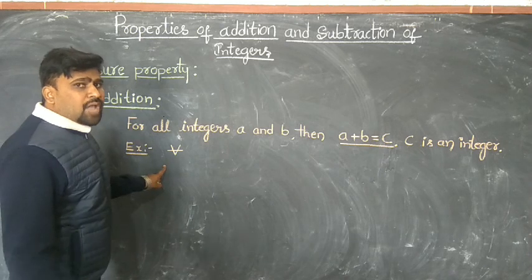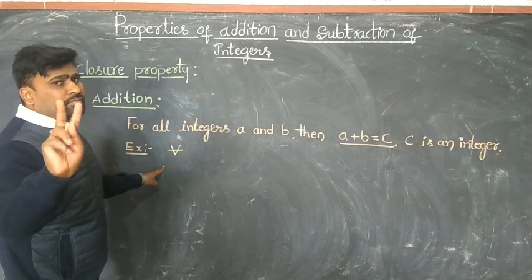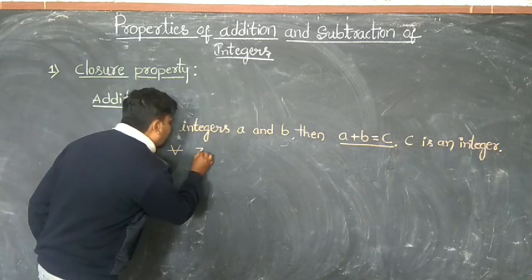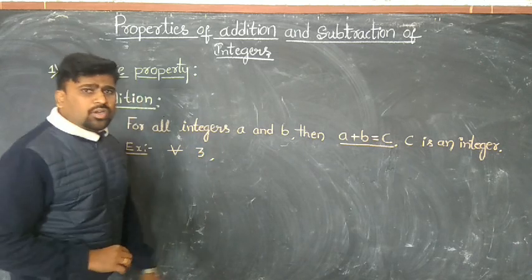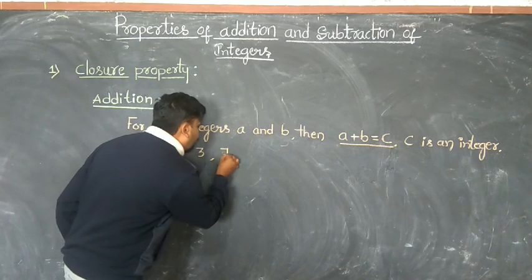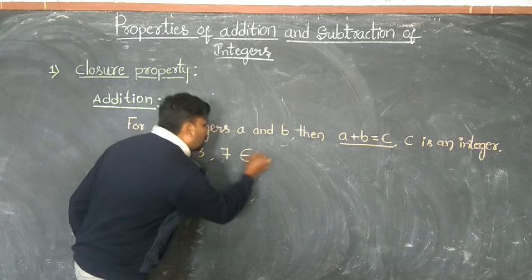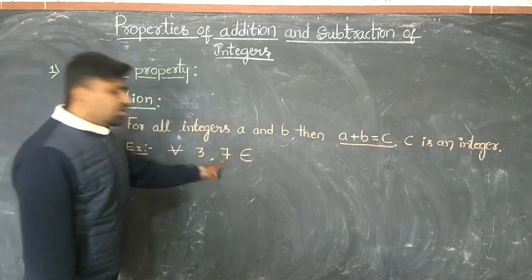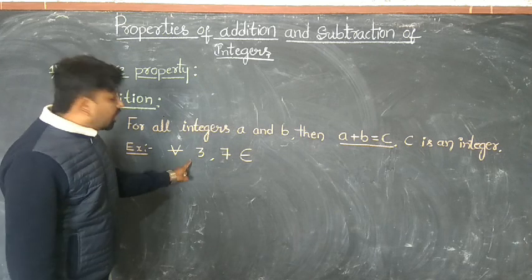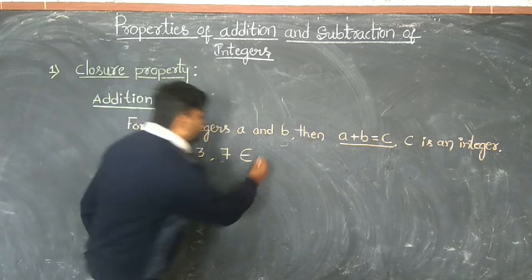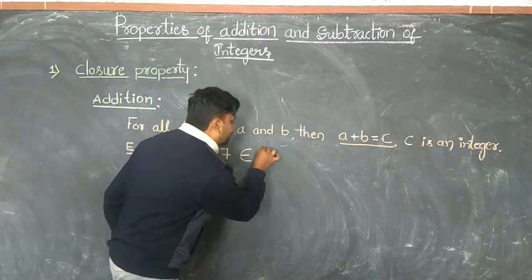For example, 3 is an example of an integer, and 7 is an example of an integer. 3 and 7 belong to Z.